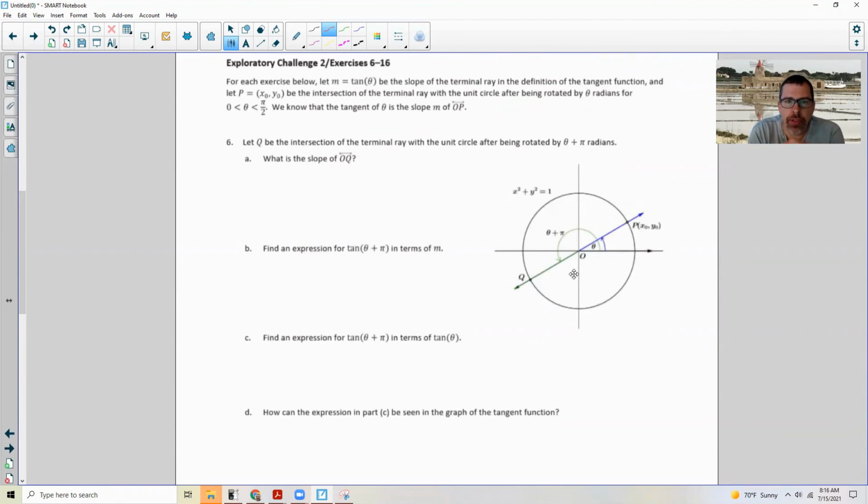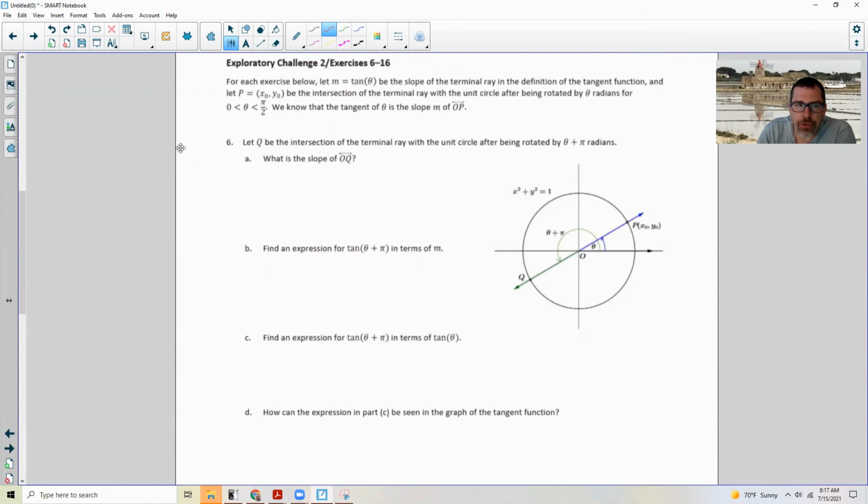For each exercise below, let m equal the tangent of theta be the slope of the terminal ray in the definition of the tangent function, and let P equal x sub 0 comma y sub 0 be the intersection of the terminal ray with the unit circle after being rotated by theta radians, for theta being between 0 and pi over 2. We know that the tangent of theta is the slope m of line OP.